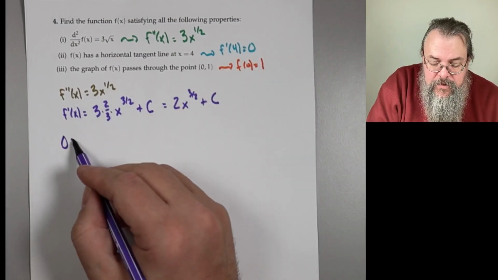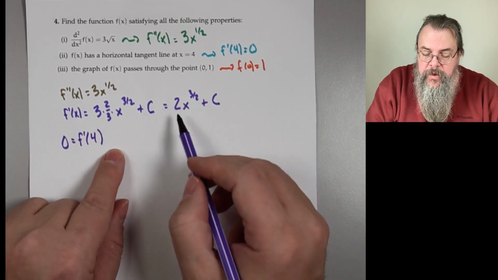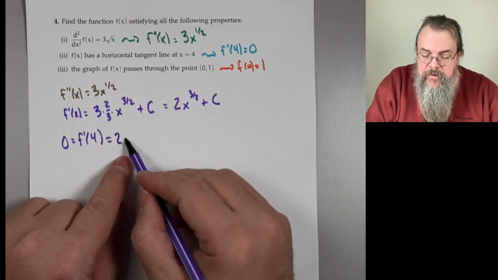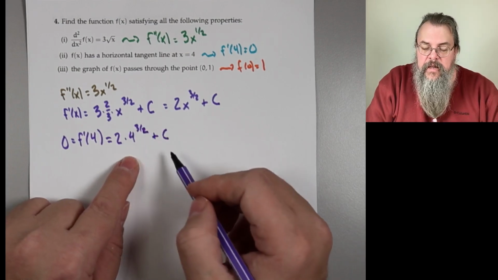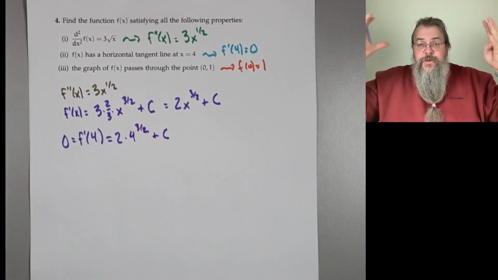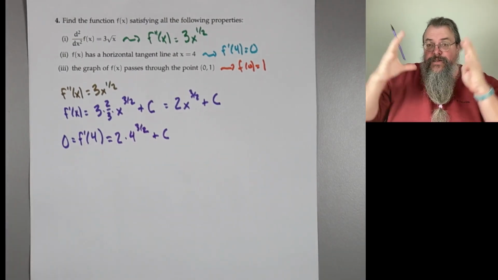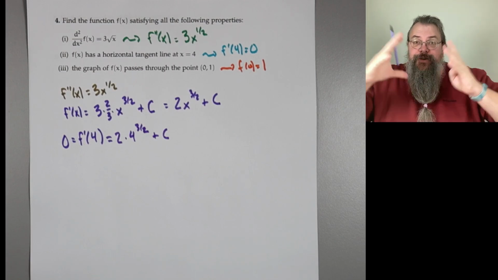So 0 equals f prime of 4. Plug in. We get 2 times 4 to the 3/2 plus c. Now, let's think about 4 to the 3/2. We can think of it as 4 cubed, which is 64, square root is 8, or square root of 4 is 2, 2 cubed is 8.